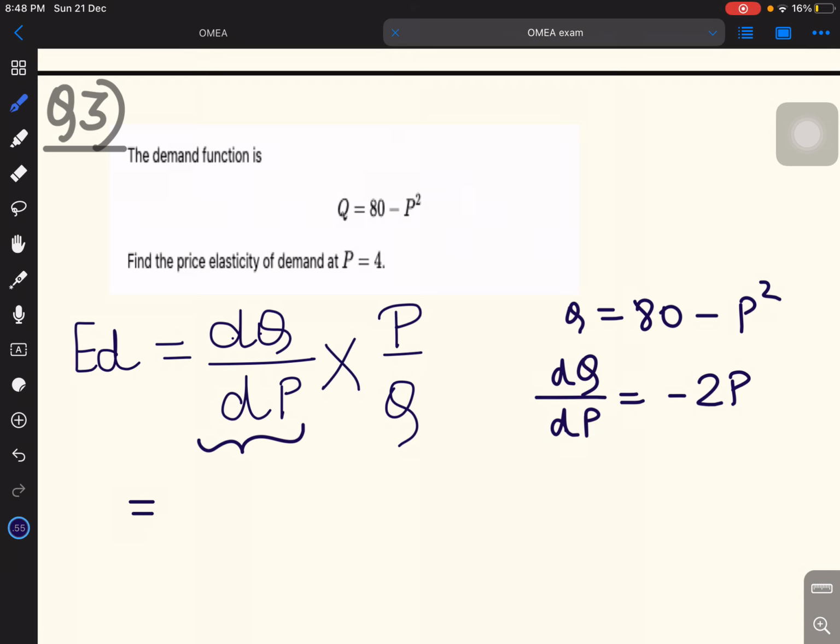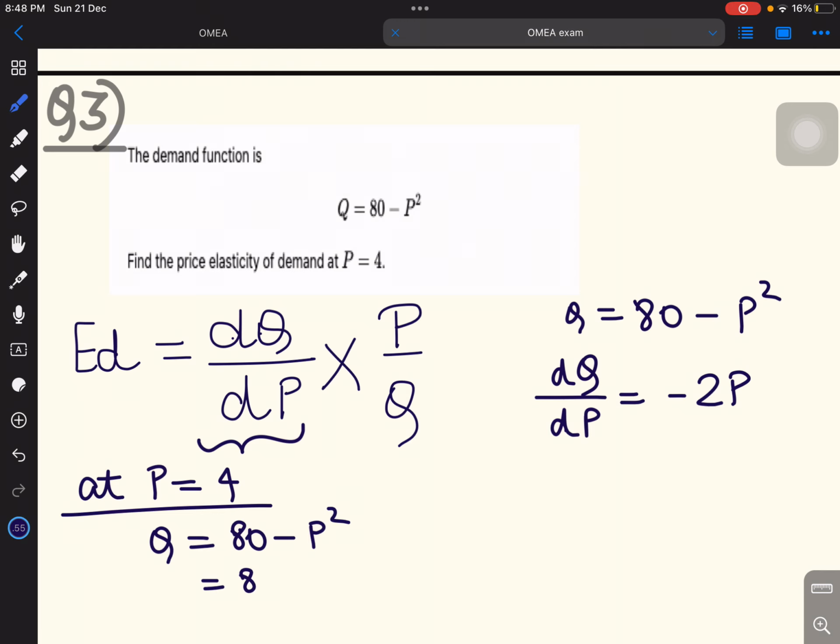Then we put it in the formula for price elasticity of demand. But before that, we need to know the quantity q at price equal to 4. At p equal to 4, q is equal to 80 minus p square, which is 80 minus 16. So this is 64.